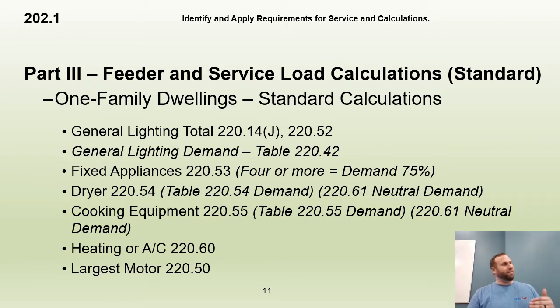We take that square footage of the outside perimeter of the livable space, multiply it by our 3 volt-amps per square foot, and we also find that we are going to use 220.52 to include some other factors as well. Once we've added all of our factors to our general lighting load, we apply a general lighting demand. This general lighting demand is found in table 220.42, and we'll get into that here in a second. But that would be the completion of step 1, general lighting.